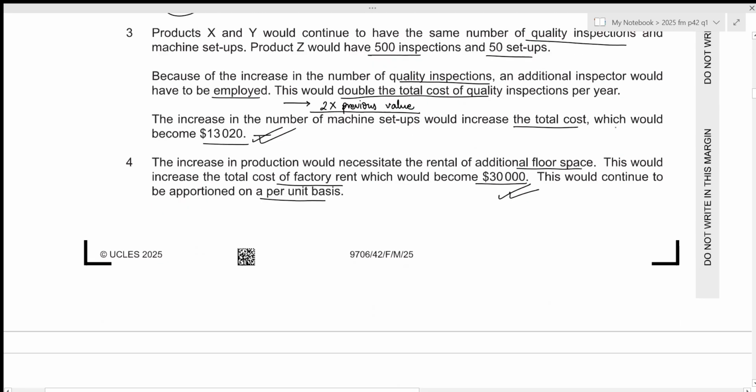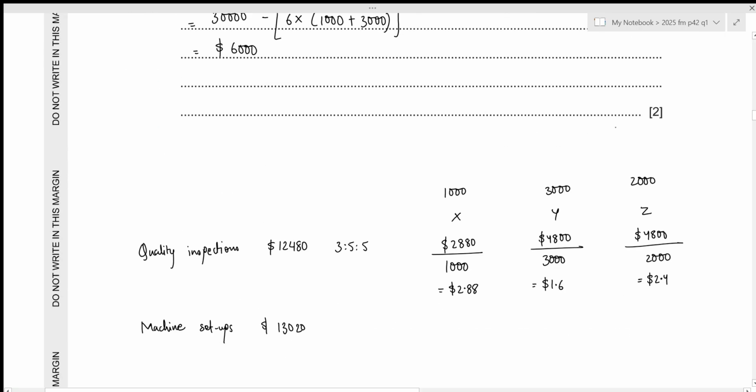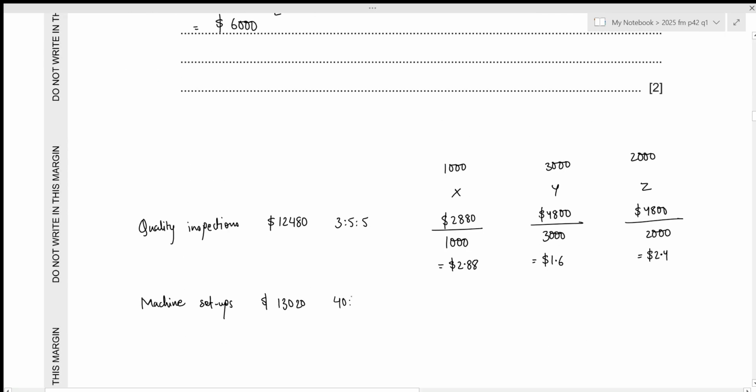Let's write it down. So the value for X in this case will be 3,360. The value for Y will be 5,460. And the value for Z will be 4,200.